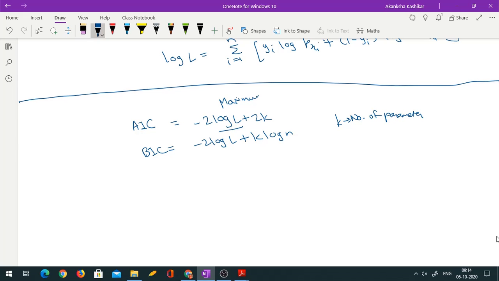You must have used AIC and BIC in regression or time series also. As you can see, ideally you want to maximize the likelihood, so you would like to minimize AIC and BIC, and choose a model which gives you the minimum value of AIC and BIC.